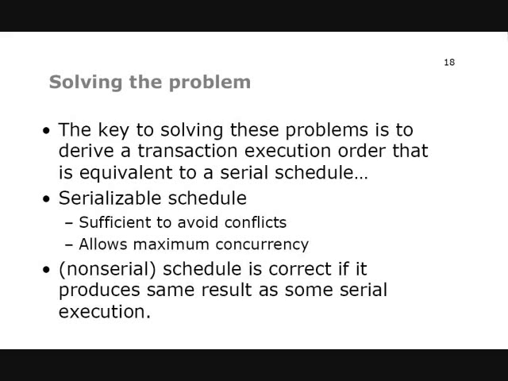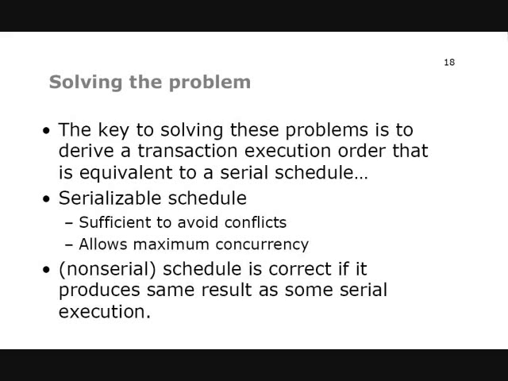So the key to solving the problems that we have seen, whether it is a dirty read or a phantom, etc., is to derive a transaction execution order which is equivalent to a serial schedule. And a serial schedule is one in which we execute one transaction after another in some serial order. So if we have a concurrent execution that is equivalent to that, because if we execute one transaction after another, we will have none of those problems.